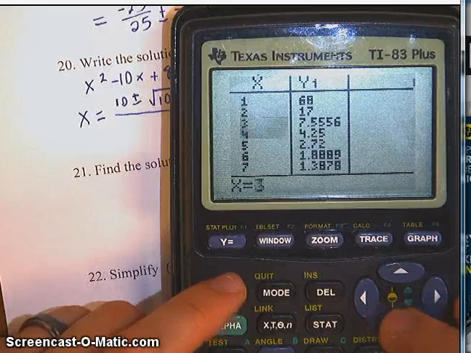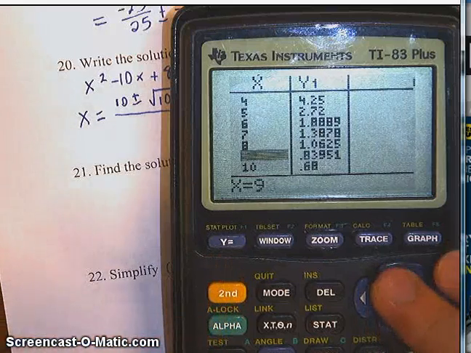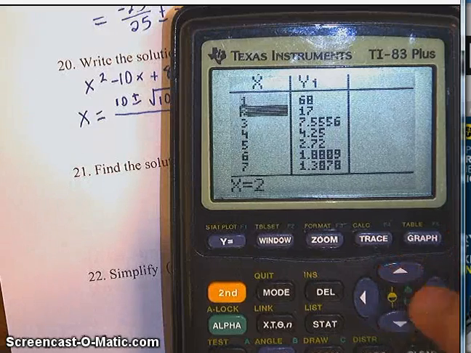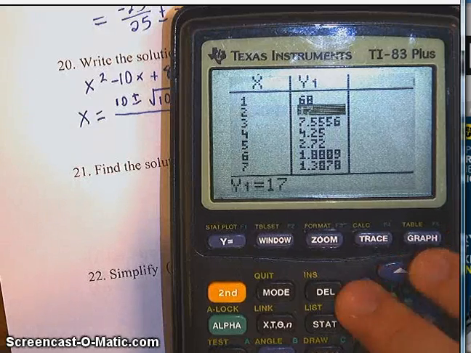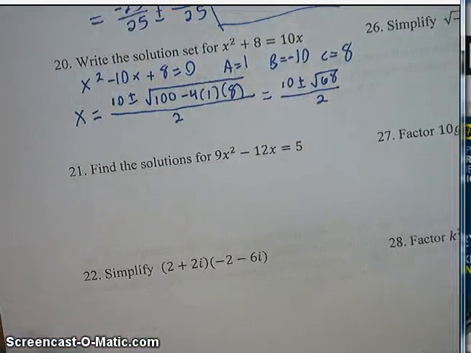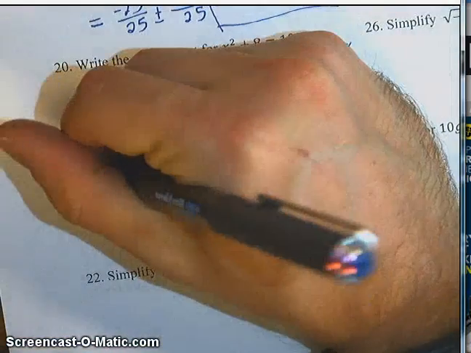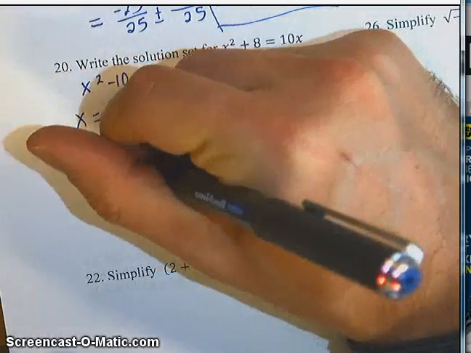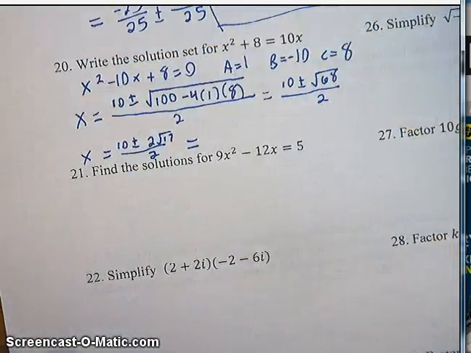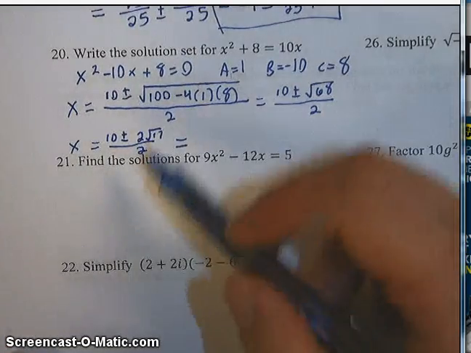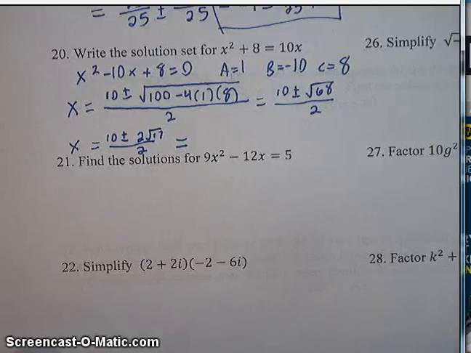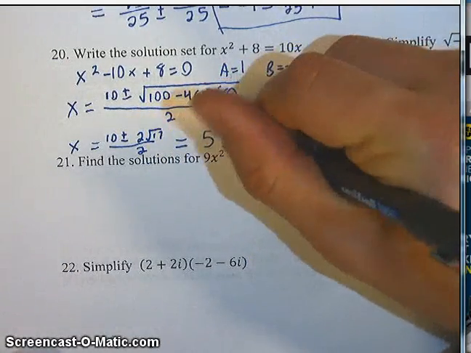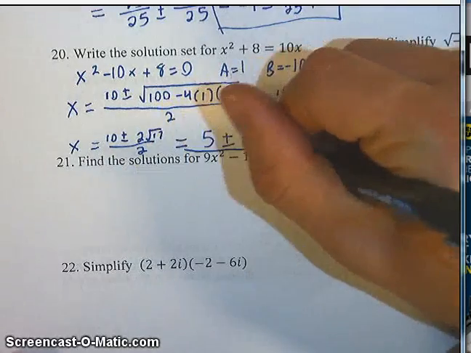I'm going to scroll down to the first time I see a number less than 1 in the y column, which is right there, and then I'm going to scroll back up to the first time I have a whole number in the x and y column. Square root of 68 is 2 root 17, which means x equals 10 plus and minus 2 root 17, all divided by 2. The last step here is to realize that 10 and 2 are both divisible by 2, so I can rewrite this as 5 plus and minus the square root of 17. That's the answer.